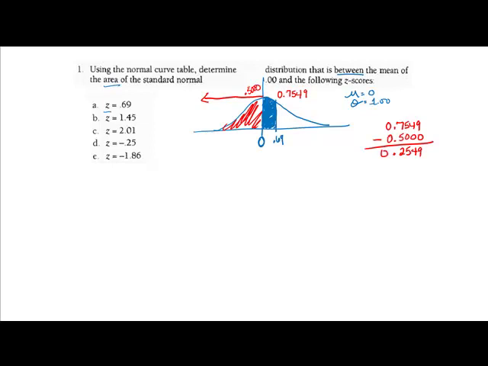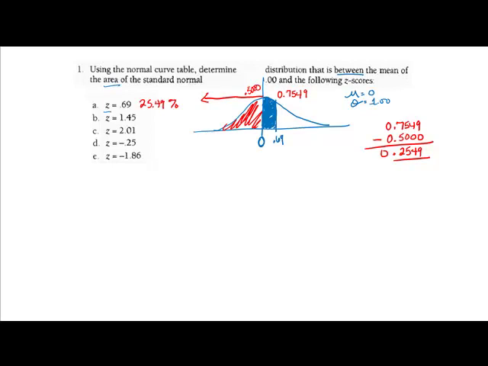Check the back of the book, and that is how much the area is. If you wanted to, you could write it as 25.49%. That's the percentage of the area. Hope that makes sense. Let's do another one.